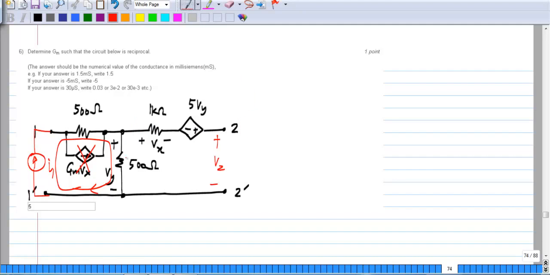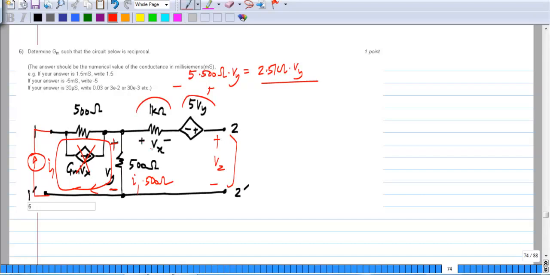So this Vy is nothing but I1 times 500 ohms, and this voltage is 5 times Vy, which is 5 times 500 ohms times I1, or 2.5 kilo ohms times I1. And this V2 is nothing but the voltage drop across this, which is this one, the voltage drop across this, which is 0, plus the voltage drop across that, which is half a kilo ohm times I1.